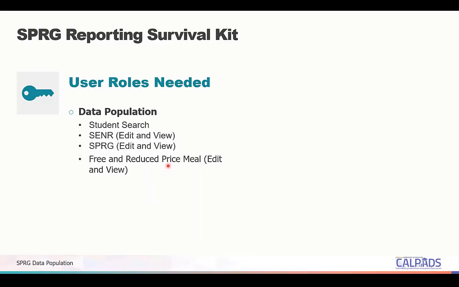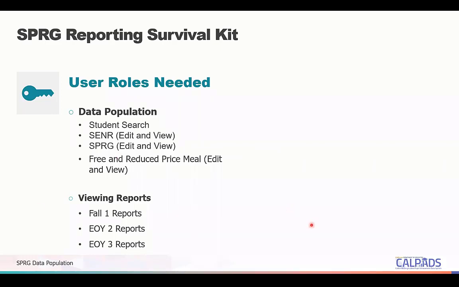Users must also have the following report roles: the Fall 1 reports, End of Year 2 reports, and End of Year 3 report roles. For additional description and functionality of each of these roles, please refer to the CalPADS User Manual User Roles page.